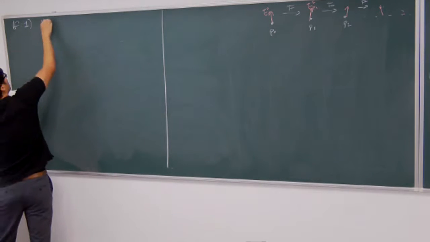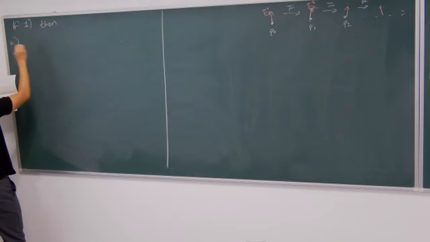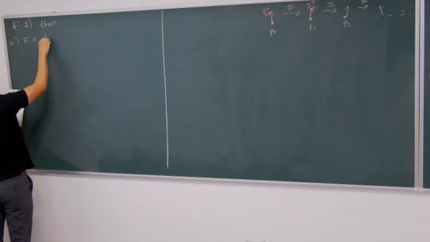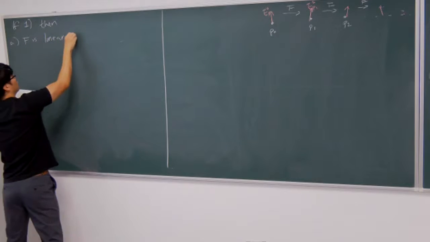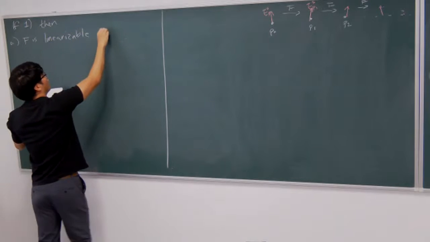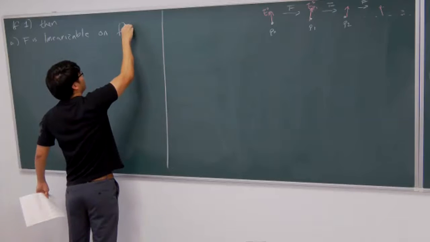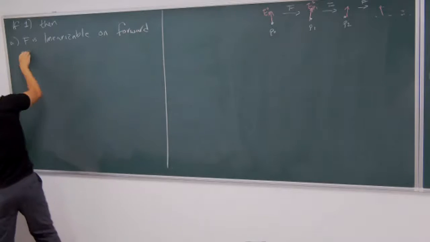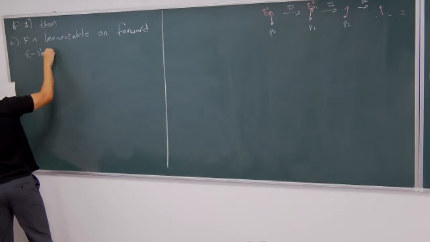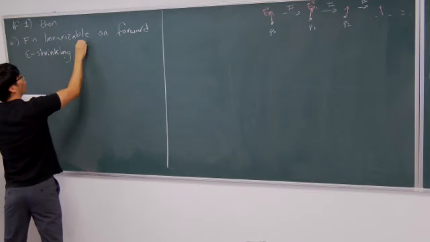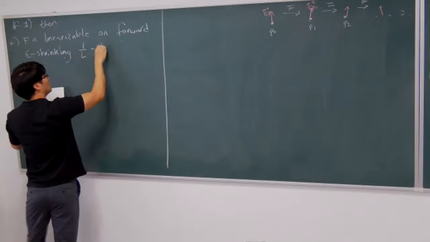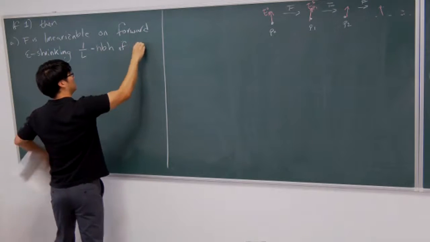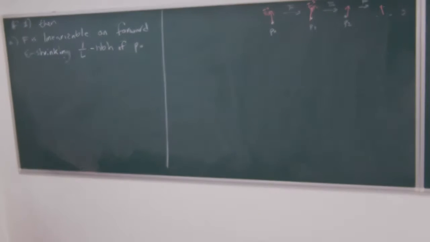First of all, F is linearizable on what I'll call a forward epsilon shrinking 1 over L neighborhood of P. If you're familiar with Pesin theory, you should have an idea what that means.